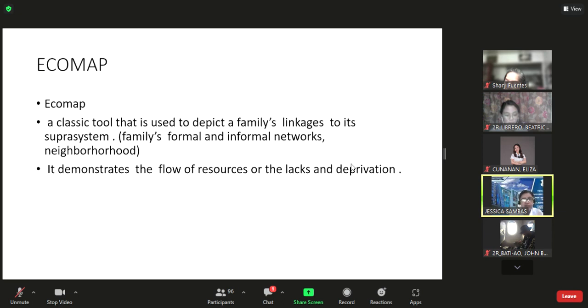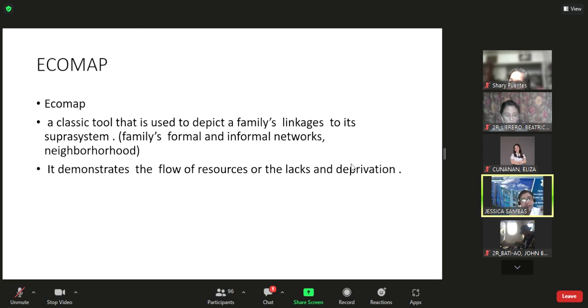But other than that, outside, we also have these so-called families, formal and informal networks. So, yung mga informal networks natin, kagaya nung linkages natin with our friends. Saan ba tayo laging pumupunta? Kaibigan natin, kapitbahay natin, or sino bang pinupuntahan natin from time to time?